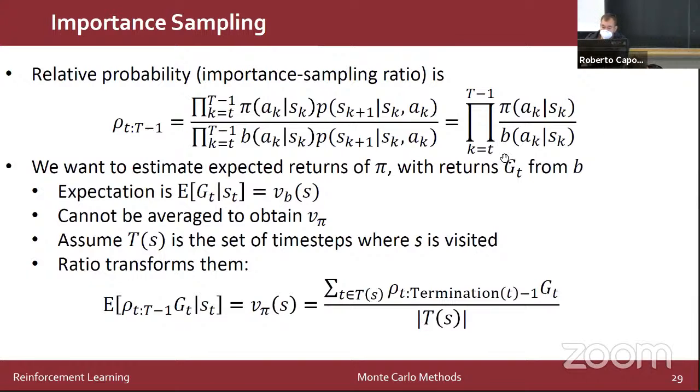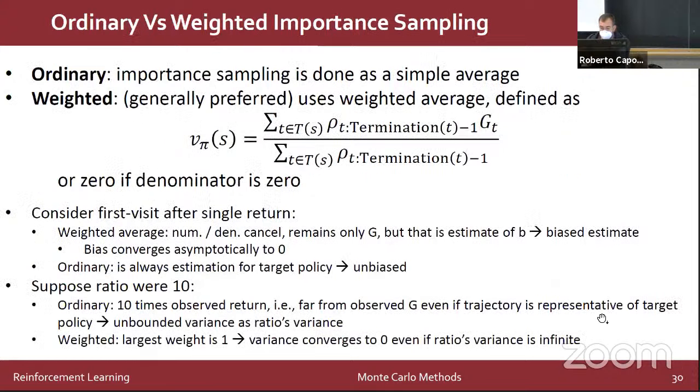This is how you compute your importance sampling ratio, which is your weight for a certain return. So in the end you compute in your expectations the value function as the multiplication of these importance sampling ratios and the return itself. Nothing very difficult in this case.